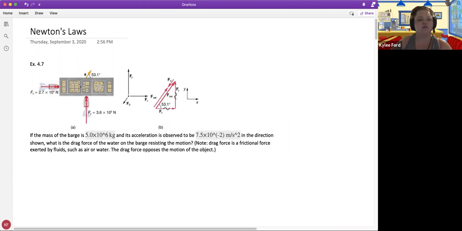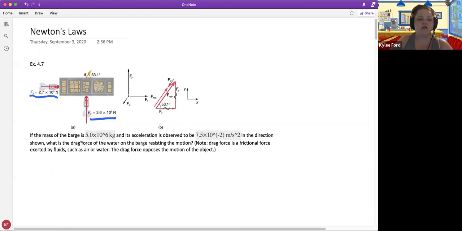Okay, so for this first one, we have a barge here, and we have two boats pushing on it with some force, as you can see here and here. Okay, a force in the X direction and a force in the Y direction.